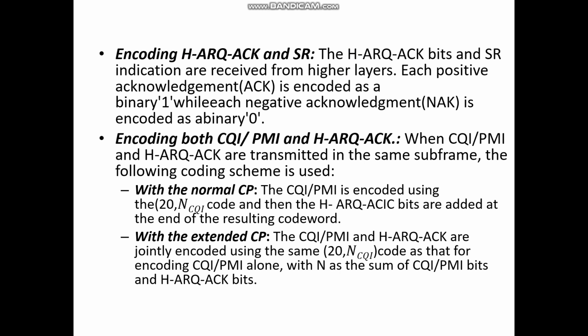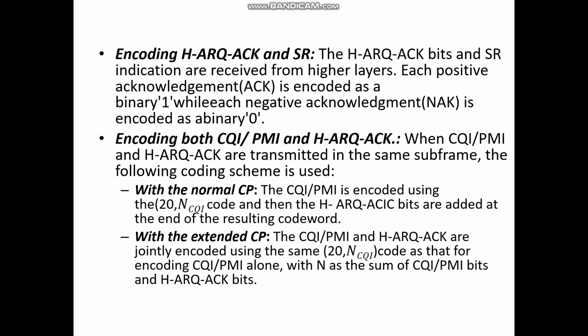The second encoding scheme considered is encoding HARQ acknowledgement and SR. Here, the HARQ ACK bits and SR indication are received from higher layers, and each positive acknowledgement is encoded as a binary one, while each negative acknowledgement, or NAK, is encoded as binary 0.